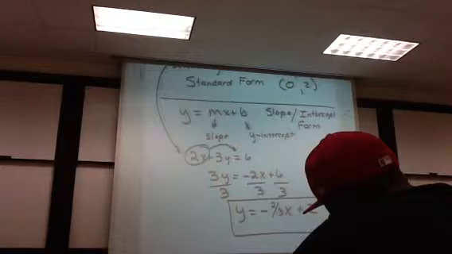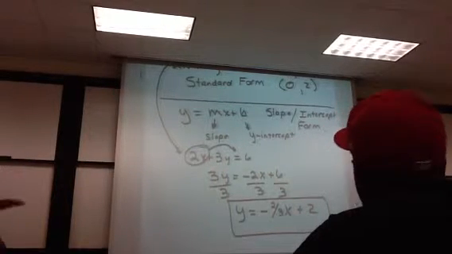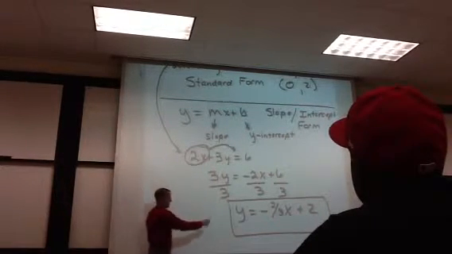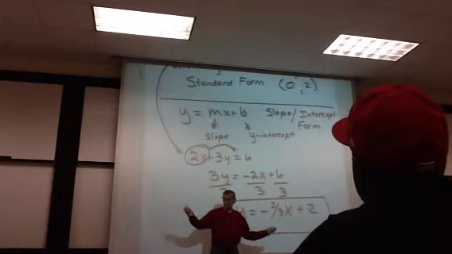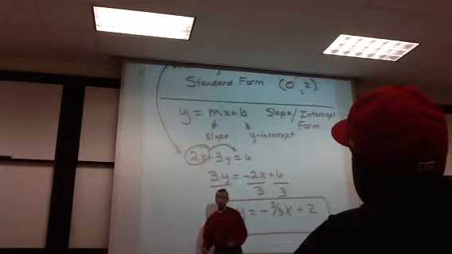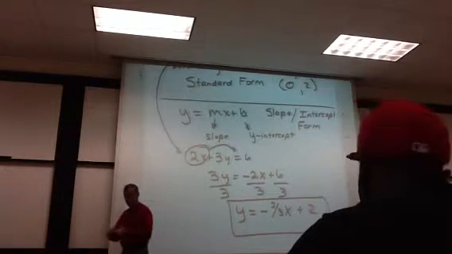What is the slope of this line? Negative 2/3. And what's the y-intercept? 2. Or you could say it's the point 0, 2. Either way.